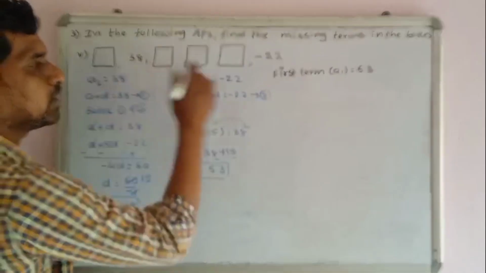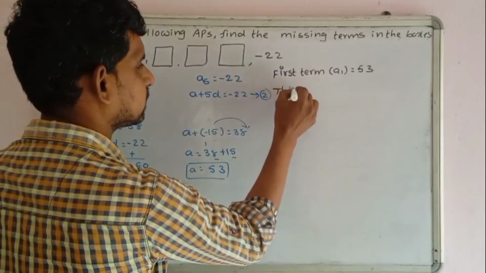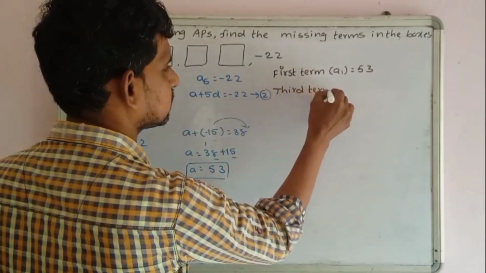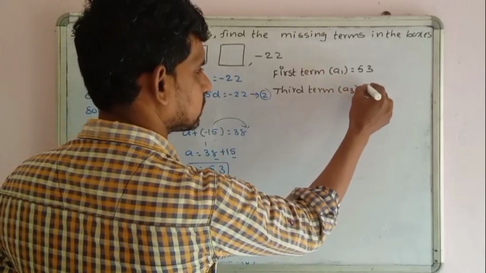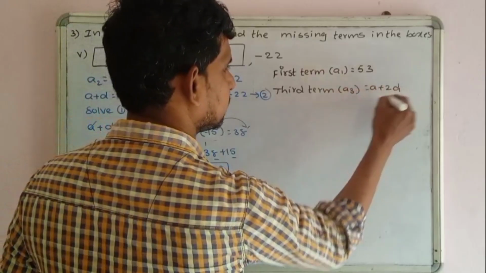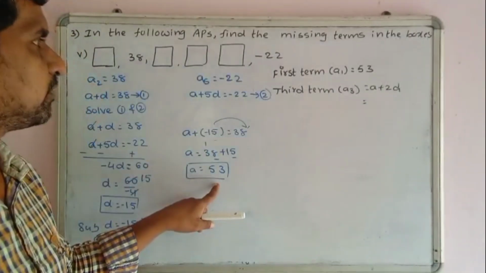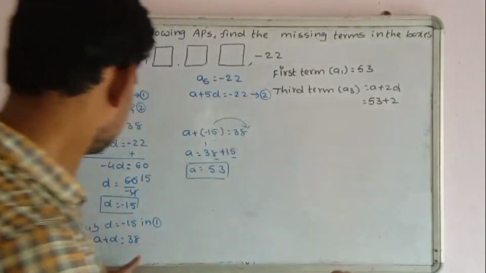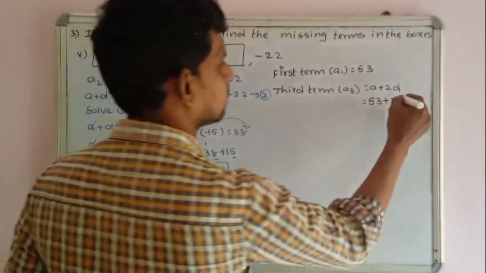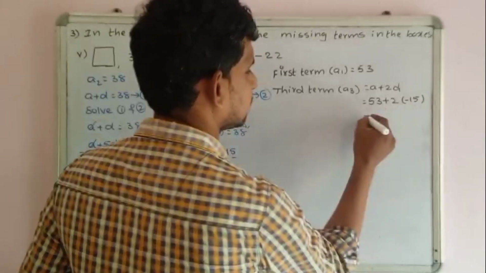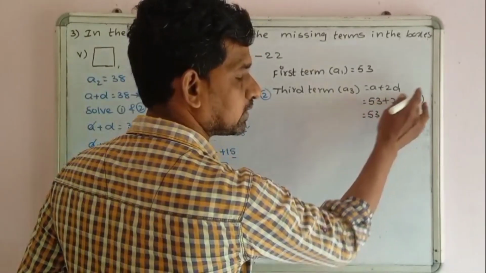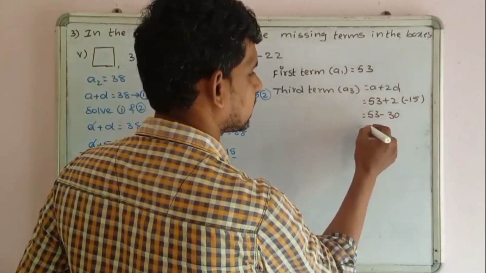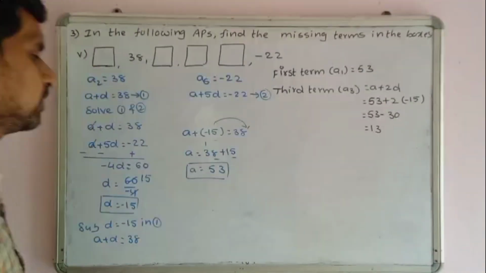We know the second term. Third term: A3 equals A plus 2D. A value 53 plus 2, D value minus 15. So 53 plus into minus is minus, 2 15s are 30, that is 13.